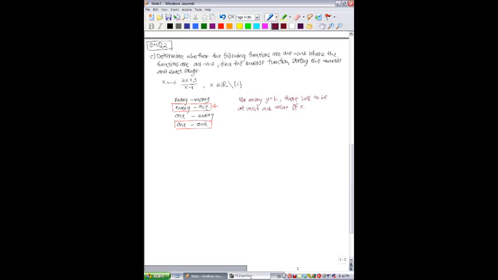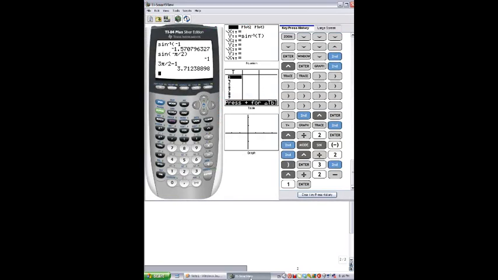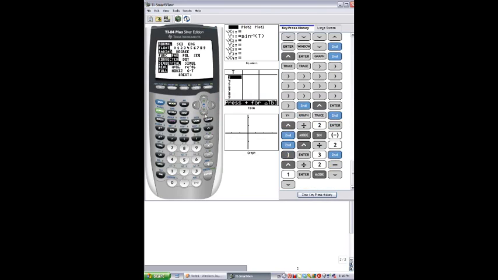So if we draw this graph out, you should see very clearly whether it is or it is not.